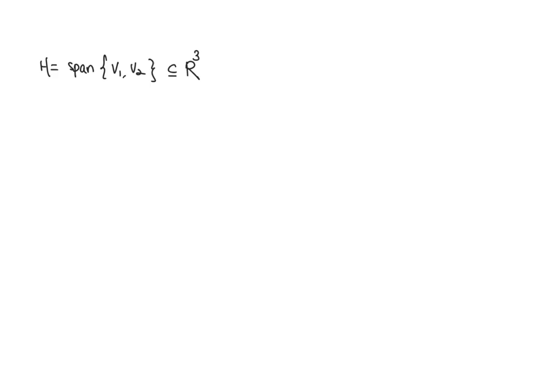And when I consider this H, many students believe that the set of e1, e2, e3, where these e1, e2, e3 are the three columns of the identity matrix, is a basis.